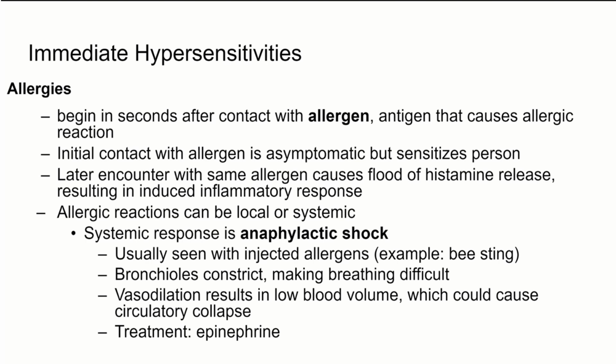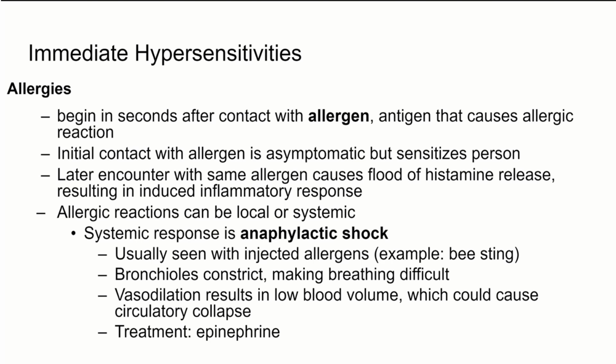And what happens in anaphylactic shock is the bronchioles constrict, which makes it very difficult to get oxygen into the lungs. And we also have vasodilation, which means that the blood vessels dilate, allowing more blood to move out of the blood vessels, which decreases our blood volume, as we discussed when we talked about the lymphatic system, about losing that blood volume being very, very bad.